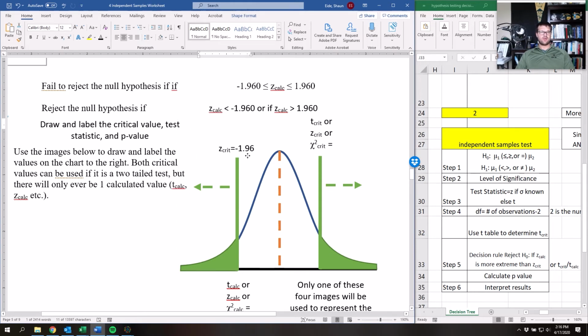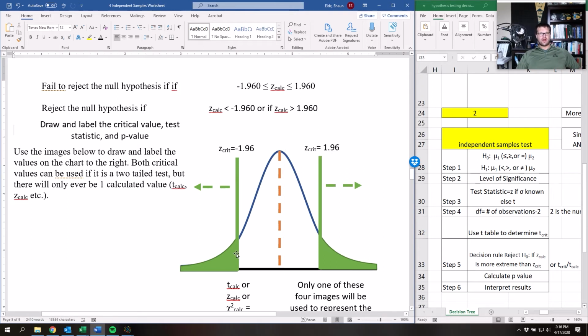Okay, and then z-crit is 1.96. And then what we have here is the region of rejecting the null hypothesis.